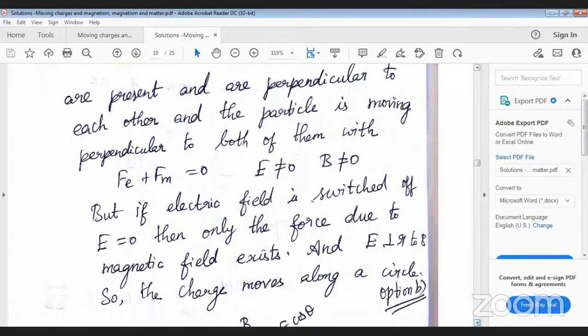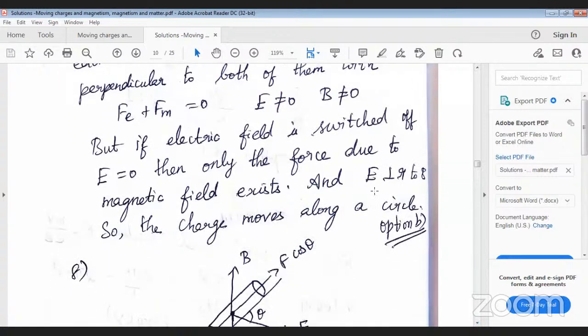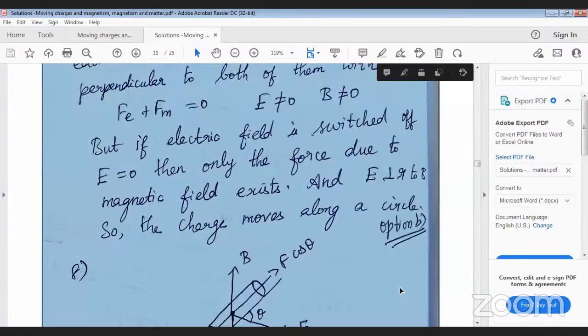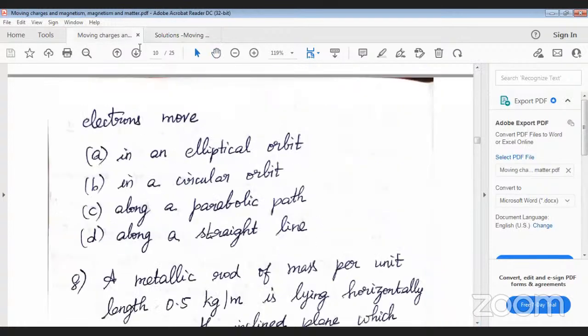Magnetic field alone is there, so the charge moves along a circle, since E is perpendicular to B. Even though it is switched off, the charged particle will move along the circle. That will be option B.